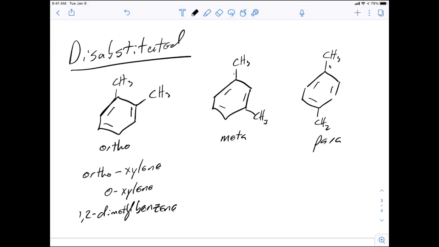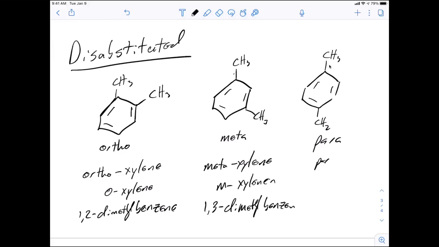All right. Then meta. So meta-xylene, m-xylene, and 1,3-dimethylbenzene. Para-xylene, p-xylene, and 1,4.